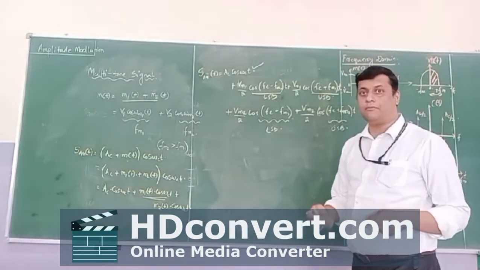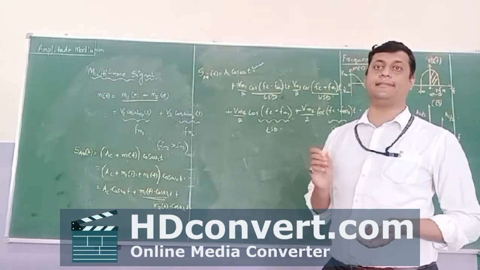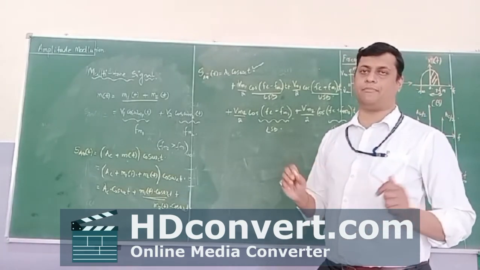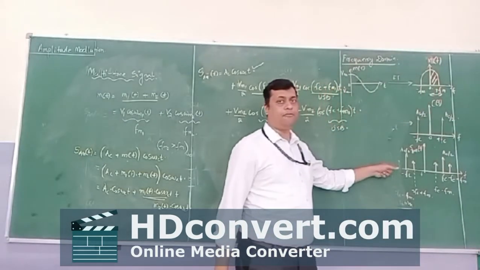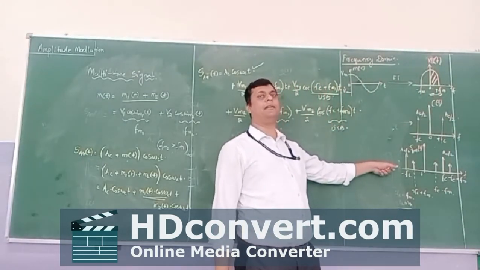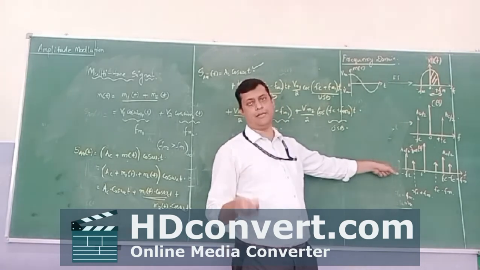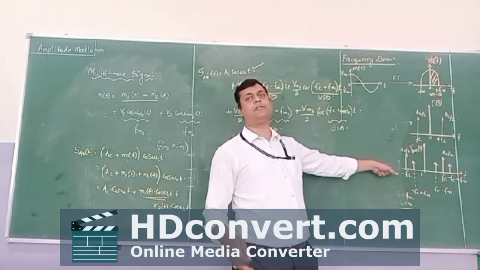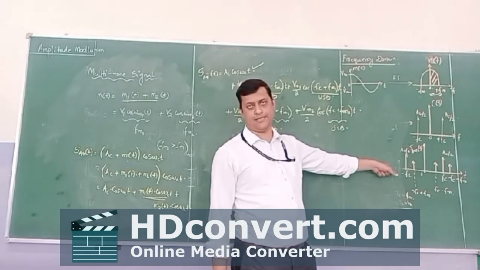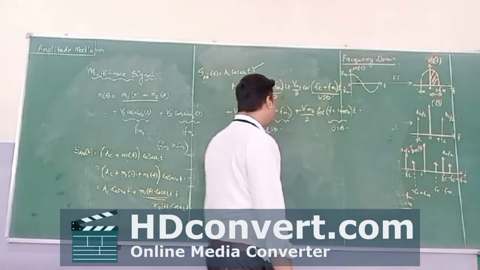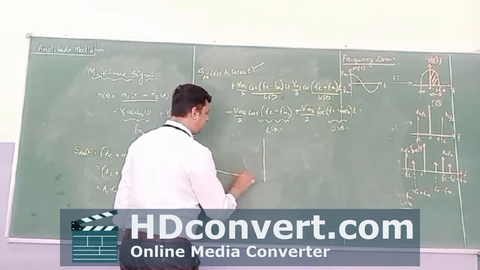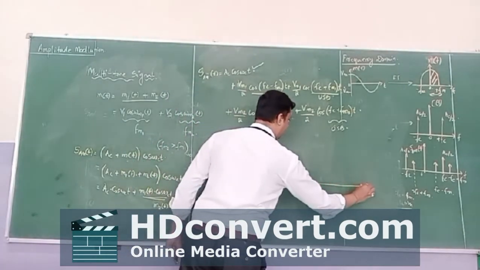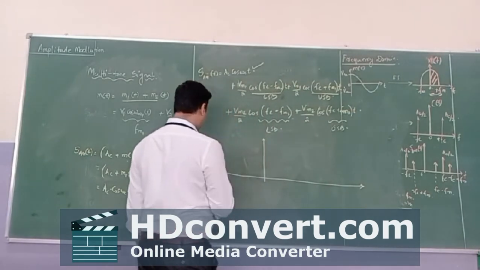Now how do we represent this in frequency domain form? It is a very simple method. As I represented the spectrum for the single tone, similarly I have to represent it for multitone, and the amplitude is also going to be represented. So first I will represent it in the frequency domain, both sides.